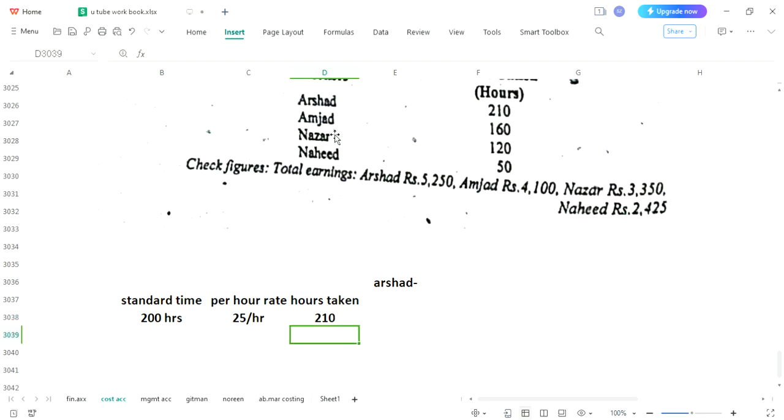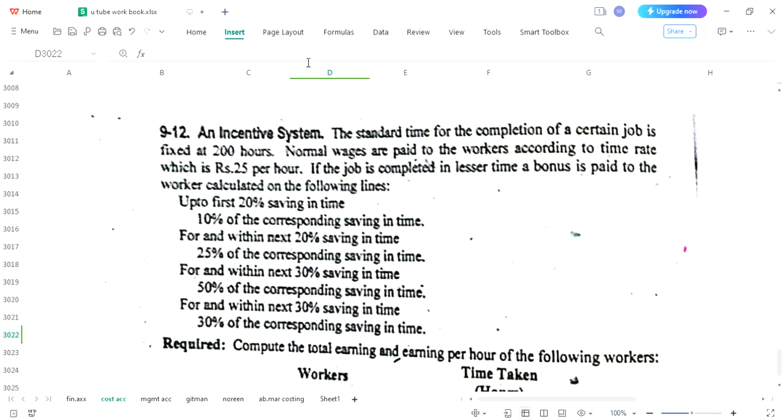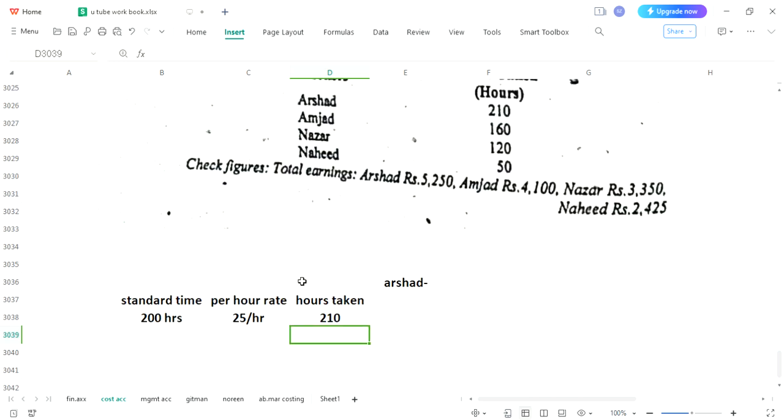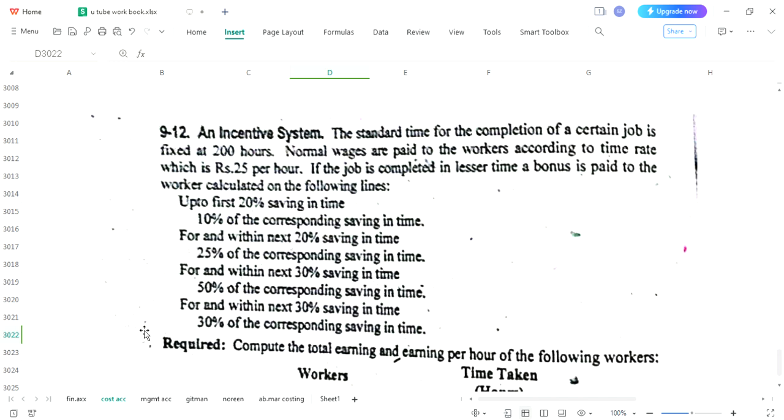It means he had not saved any time in his production. This is very important, which is why this table is given. Bonus is announced only for those people who complete the job within or in less than the standard time.